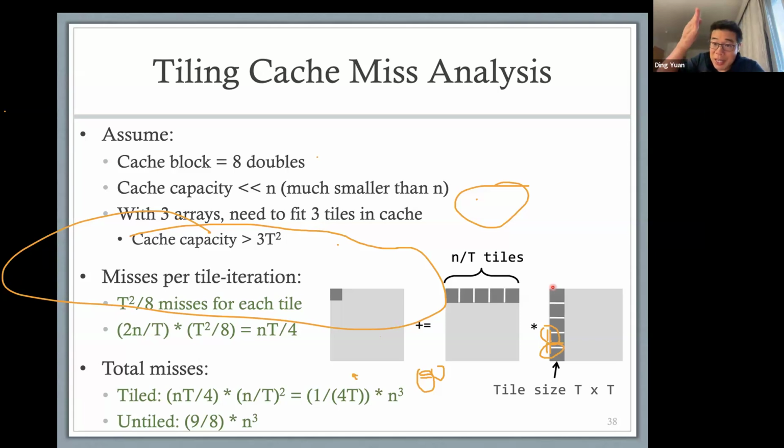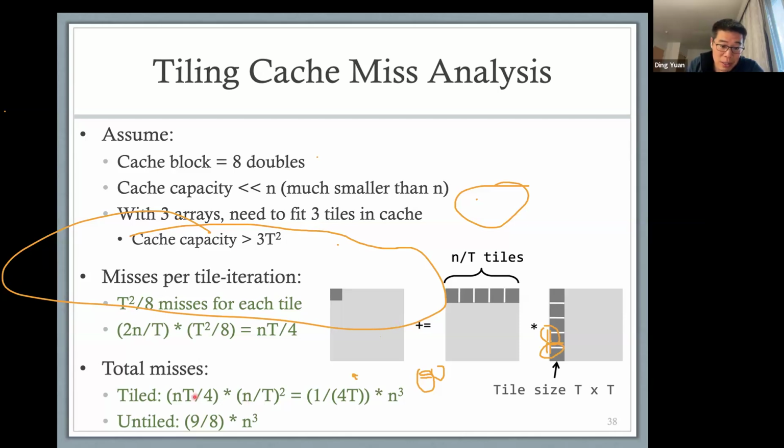When we come to the next element in the same cache line, it's still there, right? So this is why it's t squared over 8 misses for each tile. Okay, then it's a matter of how many tiles there are, right? It's basically this number of tiles, so this is the total number of misses.